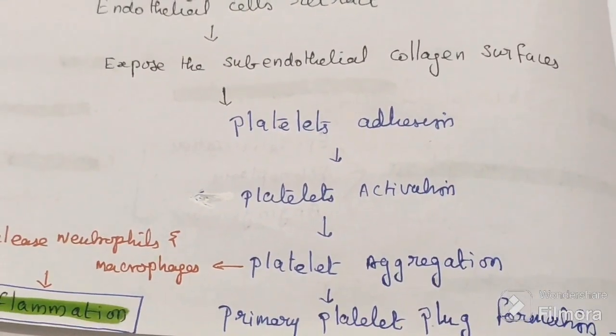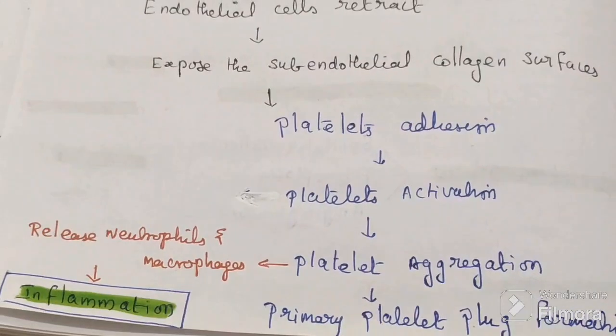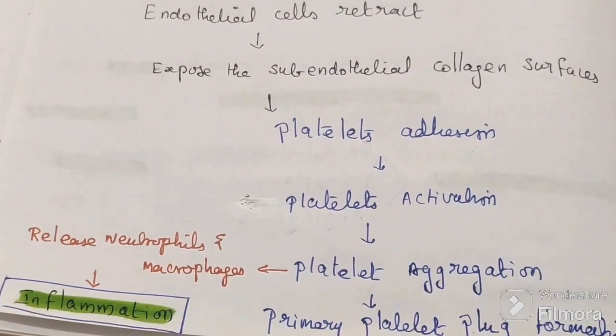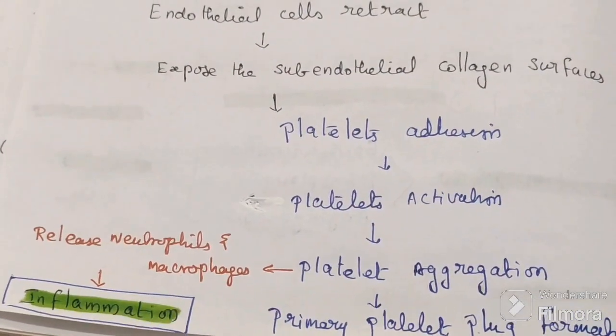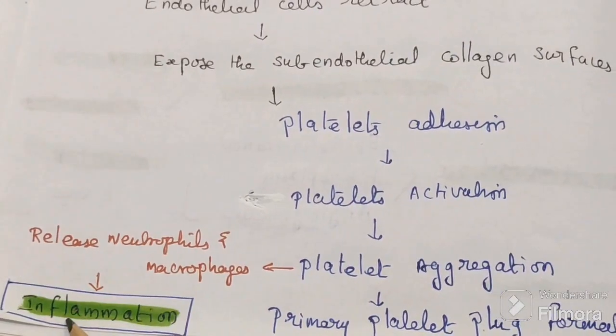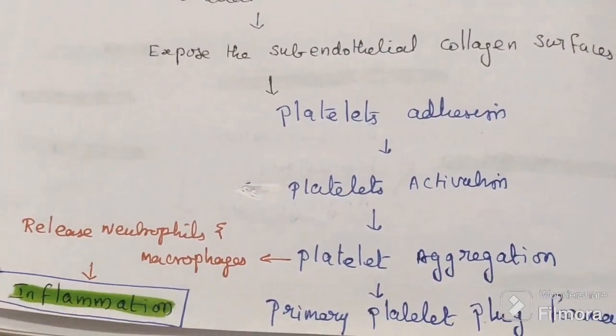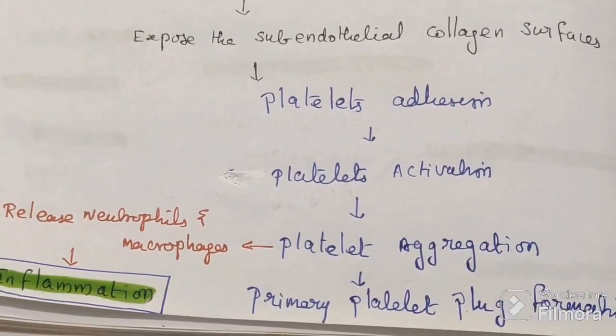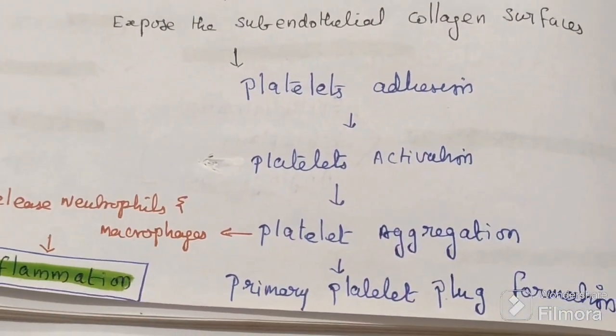Simultaneously, neutrophils are released, followed by macrophages, which leads to inflammation. So two things are happening simultaneously.